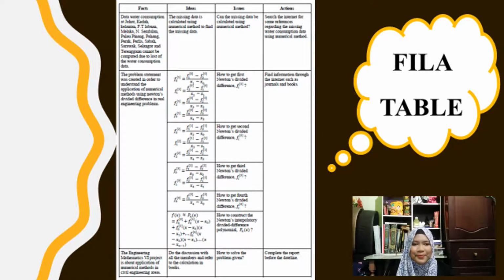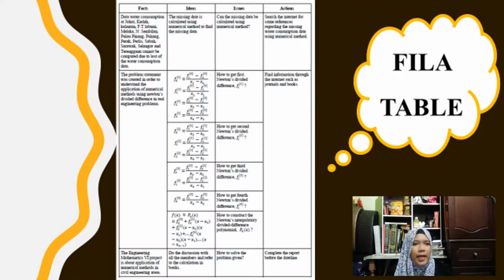numerical methods. The second fact is that the problem statement was created in order to understand the application of numerical methods using Newton divided difference in real engineering problems. For the idea, we use all the equations to get the P(x).